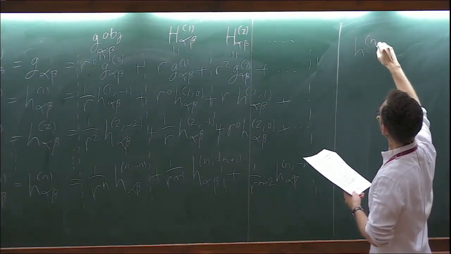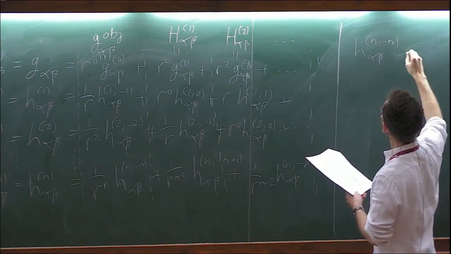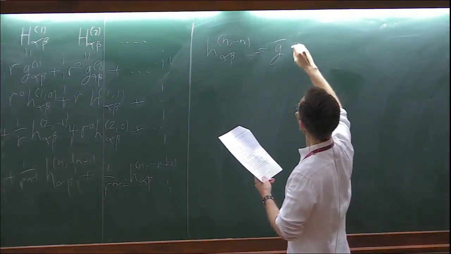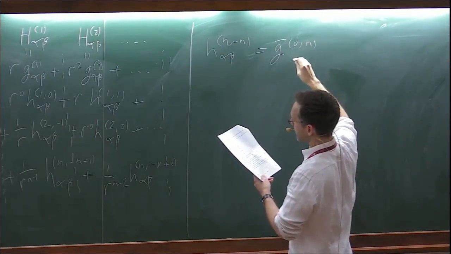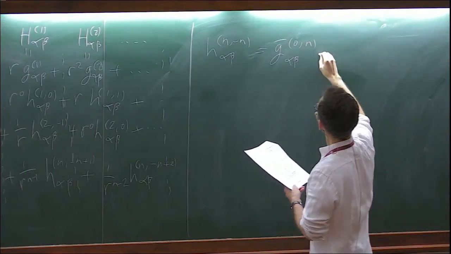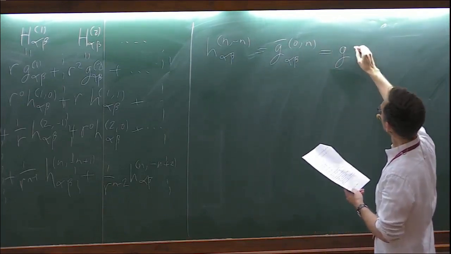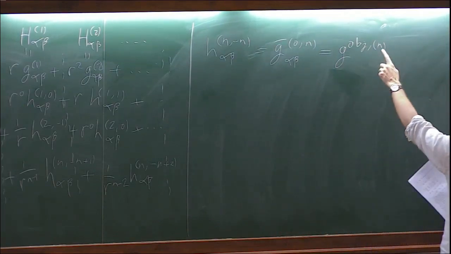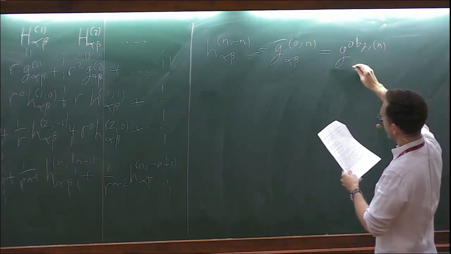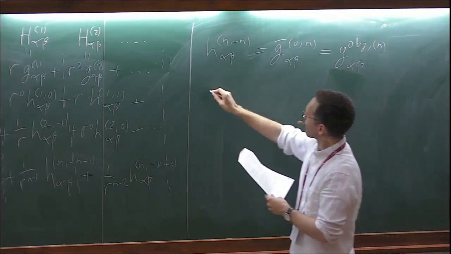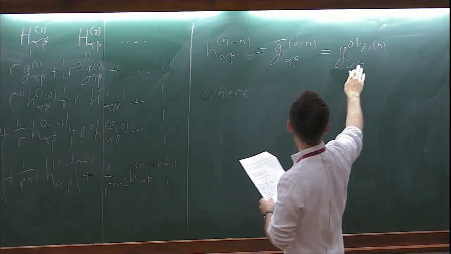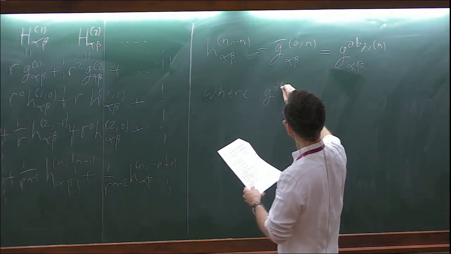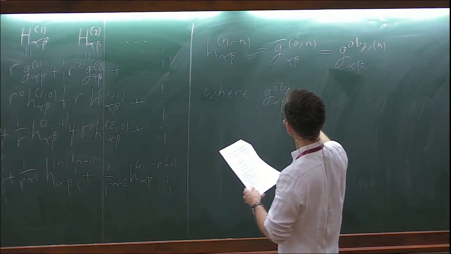So h, n, minus n, alpha beta is g bar 0, n, alpha beta, which is g object, and I'll give it again a superscript n, alpha beta, where each of these terms is an expansion at large r bar of the object's metric.